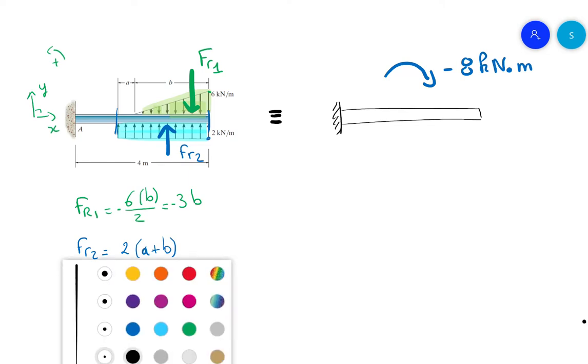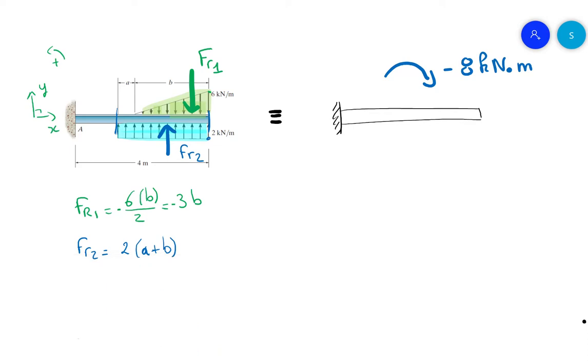And what we know is that we want to replace these forces by the equivalent system there, where FR is equal to 0. We just have a couple. We don't have any resultant forces. So FR is equal to 0. That means that FR1 plus FR2 is equal to 0.